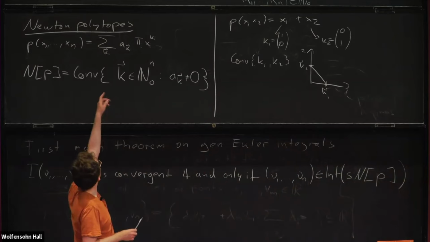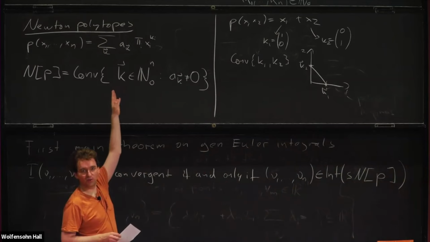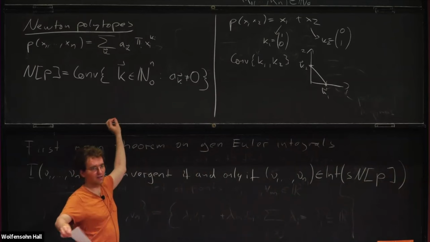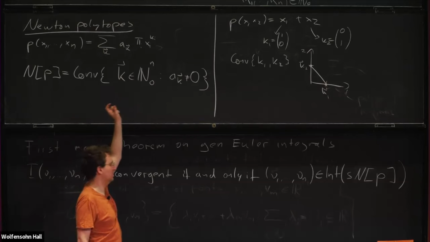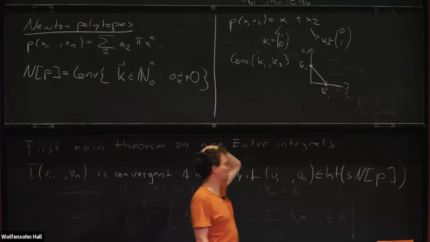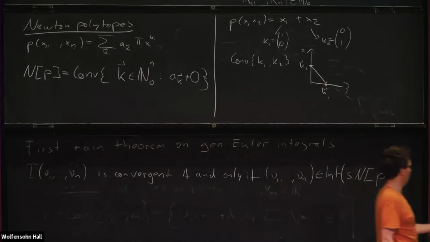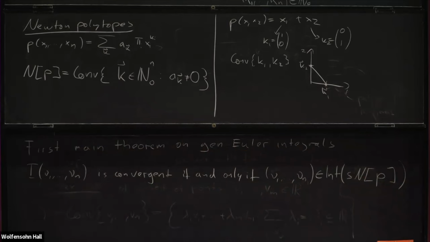So we have to compute the Newton polytope of P and scale this Newton polytope out by this power S. In a way, if it's an integer, then we are just rescaling everything by this value of S, and this is also compatible with just taking a power of this polynomial.